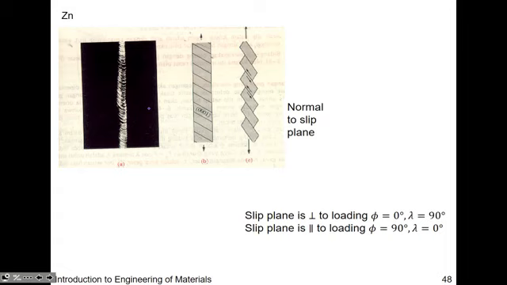And so you could see the slip is happening all along that direction for single crystal zinc, that's HCP. And so we can actually calculate for a polycrystalline material what is going to be an amount of stress that a material can experience before fracture, things like that.